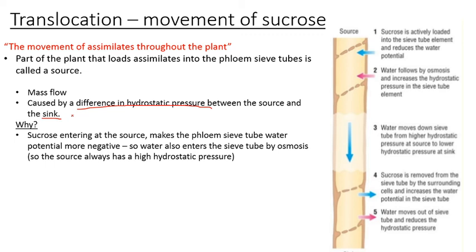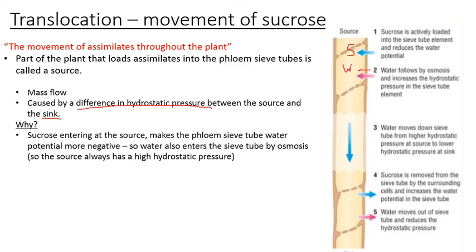So why does this happen? Why do we have a pressure gradient? If sucrose is entering here, so I've got lots of sucrose, what you've done is you've lowered the water potential of the sieve tube element. So for every sucrose that moves into the sieve tube element by diffusion, water follows by osmosis.